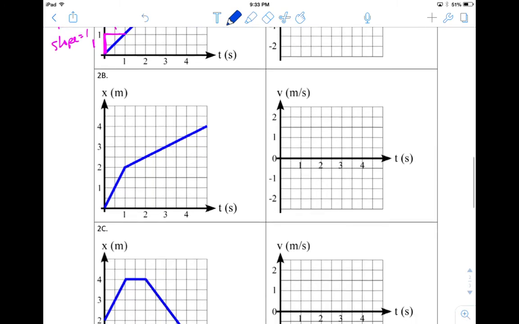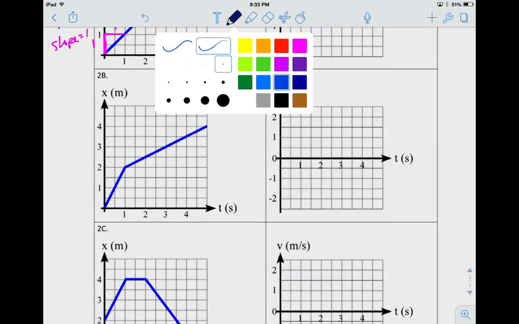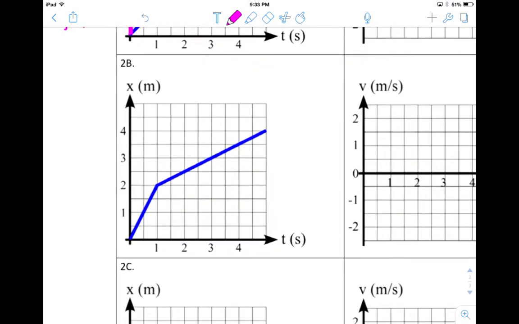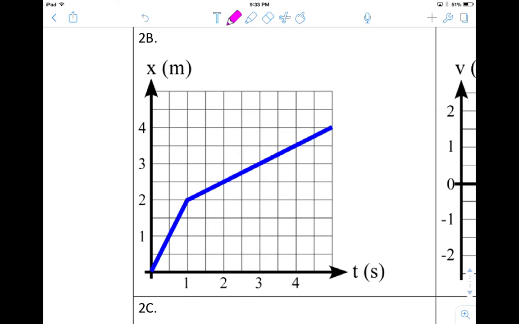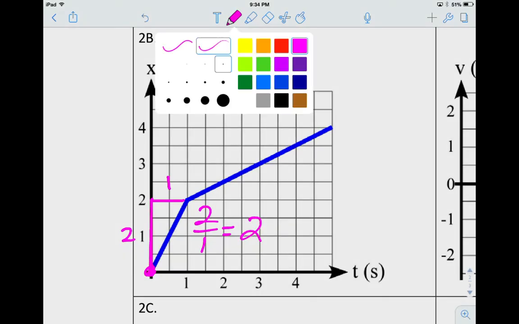Now I've got 2 different sections. So I'm going to find 2 slopes. My rise over run here, that's a rise of 2 and a run of 1. So rise over run means that I've got a velocity of 2 for that section.